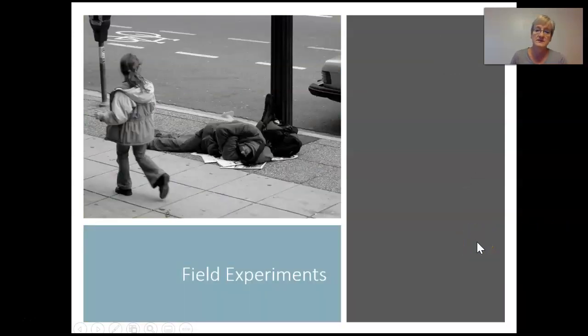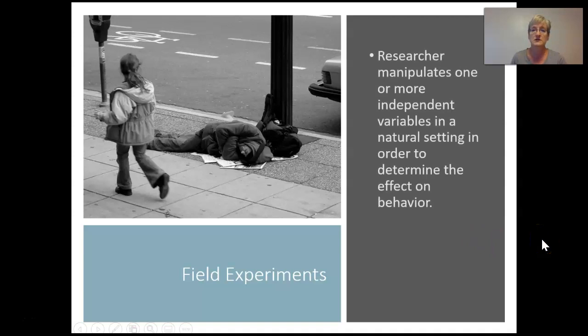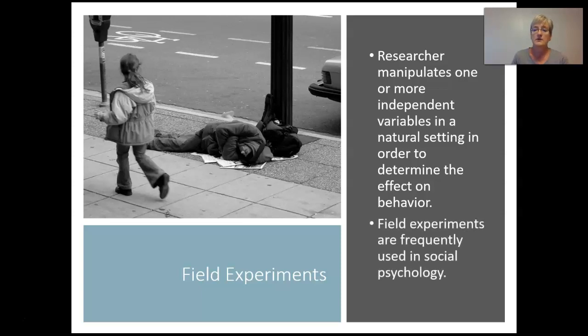Now, field experiments, and I gave you some examples from the helping research literature because these are some of the most straightforward but also really creative and elegant examples of field experimentation. In this case, the researcher is actively manipulating independent variables in a variety of naturalistic settings in order to test what occurs.